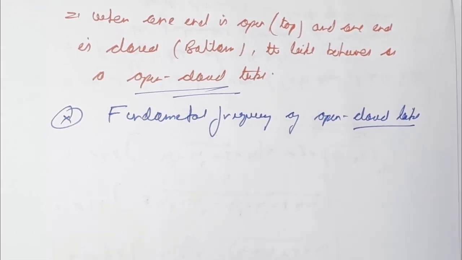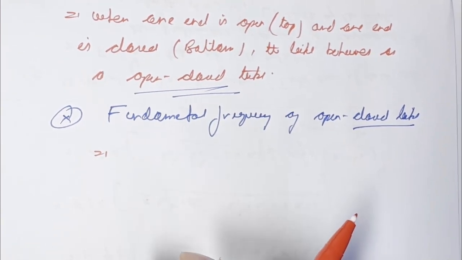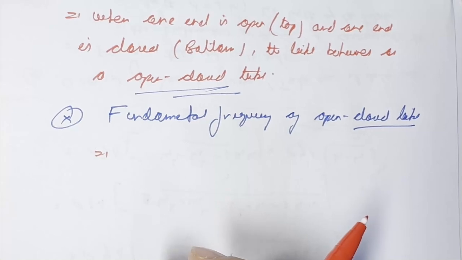As now the position of node and antinode is going to change, or we can say the number is also going to change.